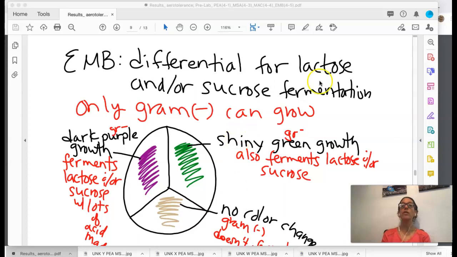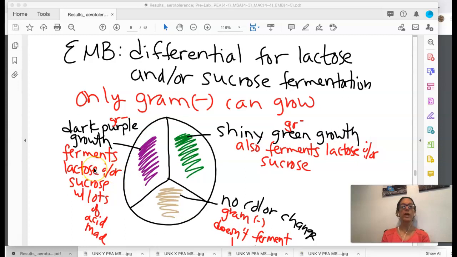So of the gram-negatives that grow well, we can tell the difference as to whether they ferment lactose and or sucrose. So only the gram-negatives can grow. If we inoculate a plate, if the color of the agar turns dark purple, it ferments the sugars lactose and or sucrose with a lot of acid being made.